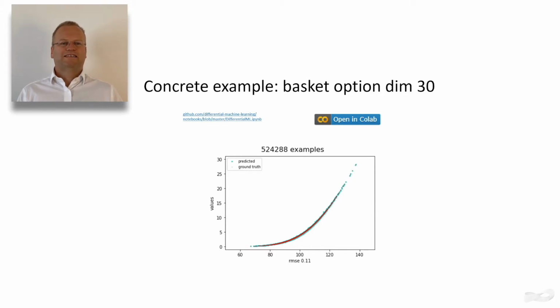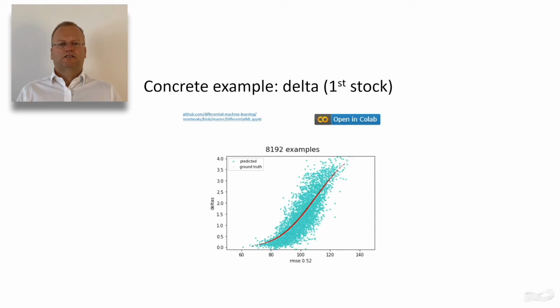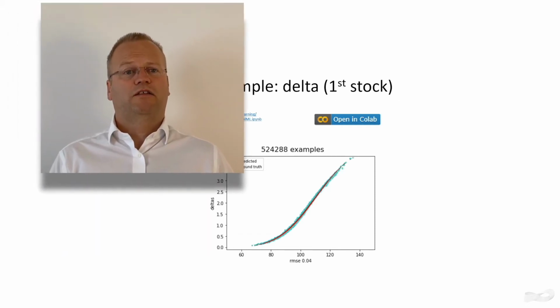With smaller datasets of 8,000 to 32,000 examples, the approximation errors remain unacceptably large. Predicted deltas follow the exact same pattern but converge a lot slower. With smaller datasets, the network essentially predicts random deltas. Deltas are related to the shape of the pricing function, and the network struggles to learn the correct shape from punctual examples.